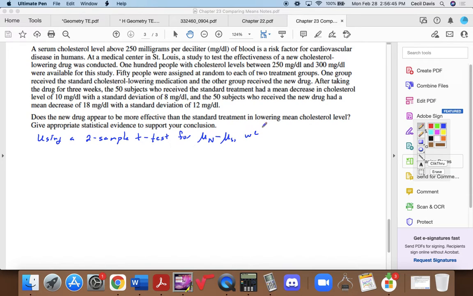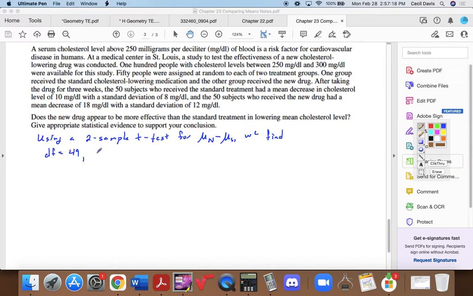We find, so everybody know where that is? Stat tests. So what do you find for the degrees of freedom? That's 49. Which makes sense. It's one less than the number in the sample.